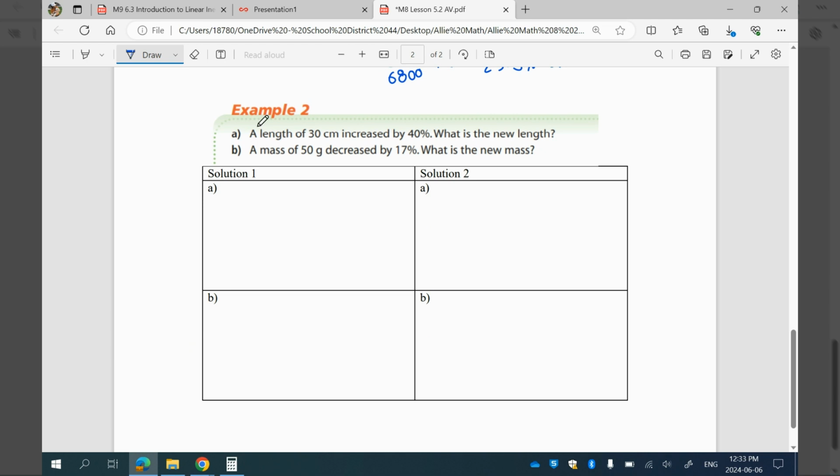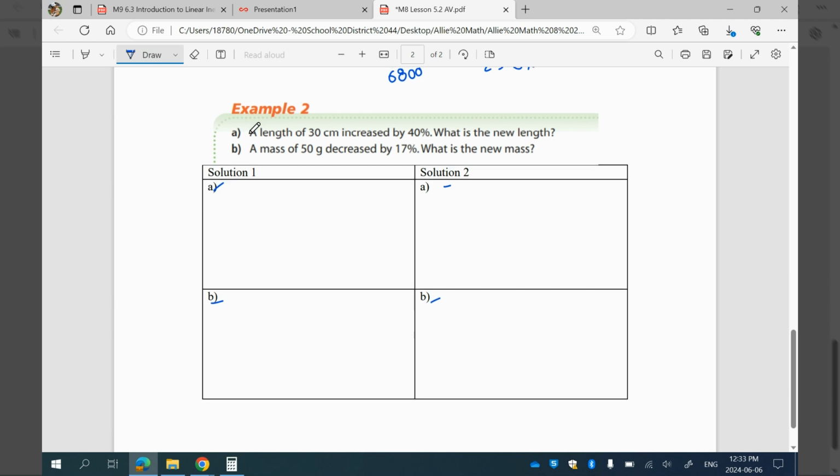Last, I want to show you 2 ways to solve these types of questions. So for A, I'm going to show you the first way and the second way. For B, I'll show you the first way and the second way. So for A, a length of 30 centimeters increases by 40%. What's the new length? So we need to find what is 40% of 30. The way that we can do that is by going 40% times 30.